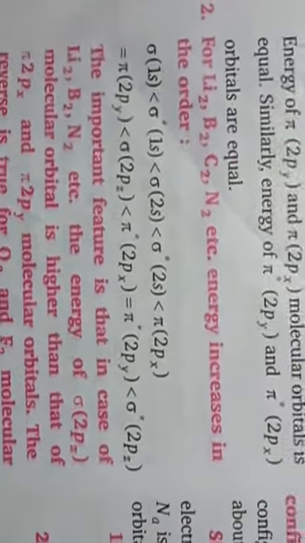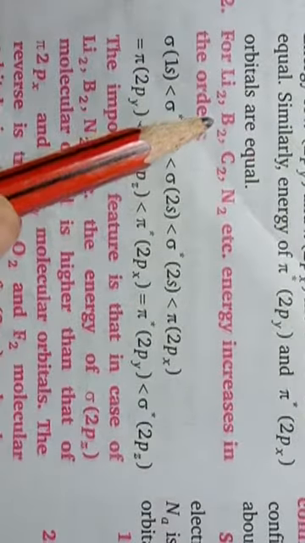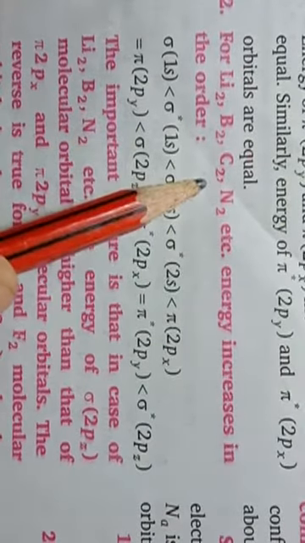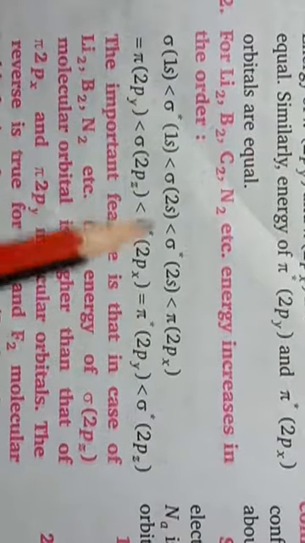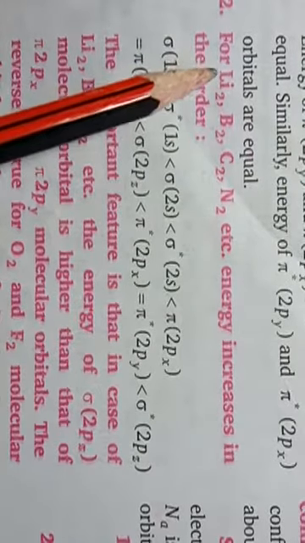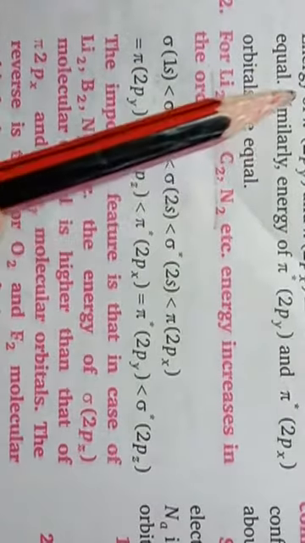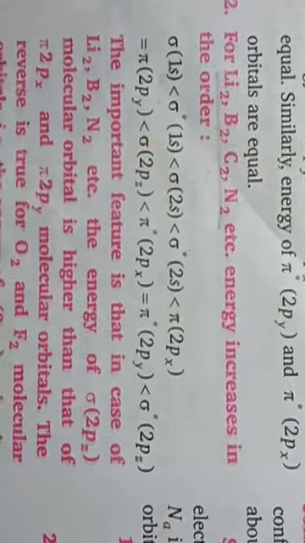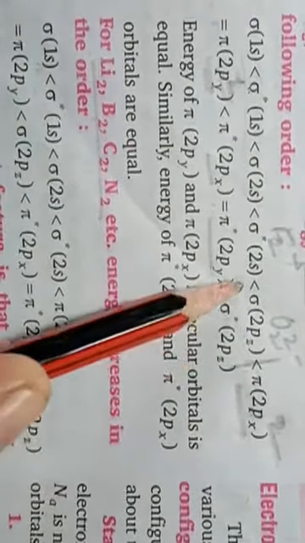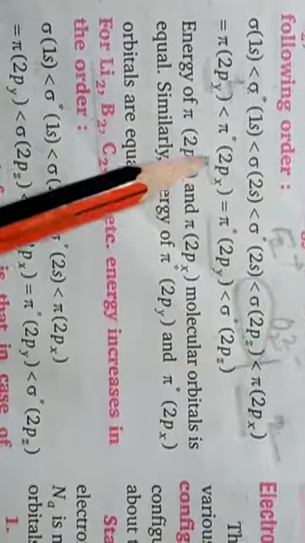Then the next point: for lithium, boron, carbon and nitrogen, such molecular units will follow this energy sequence. This molecular orbital configuration will be followed by the units other than oxygen and fluorine. So what is the difference between the sequence of the orbitals in these two configurations? You can see here the sigma 2pz.